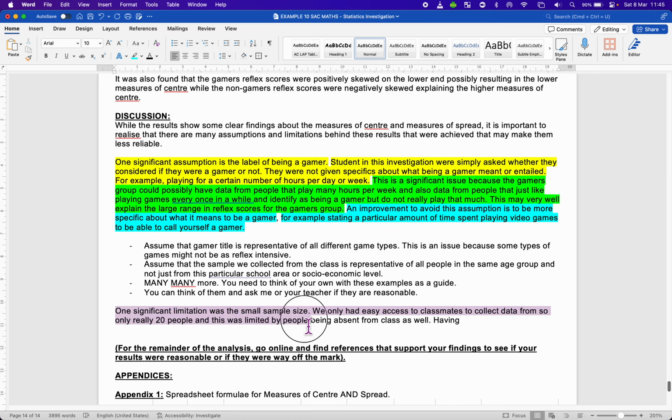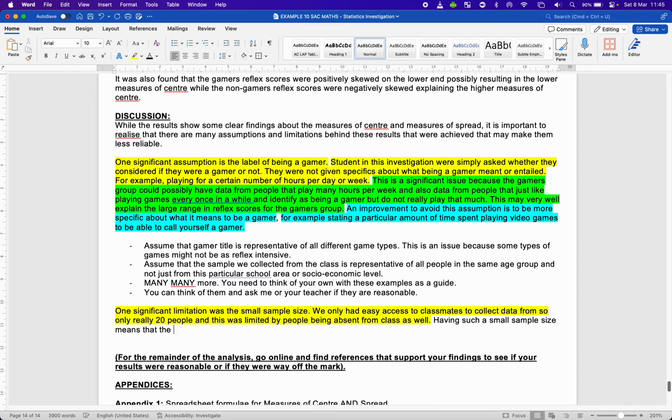So the limitation I've named, I've said what the limitation was, having a small amount of people. Having such a small sample size means that the results are less representative of the people you are investigating as a population, year 10s overall.